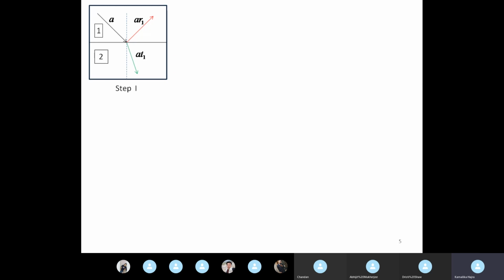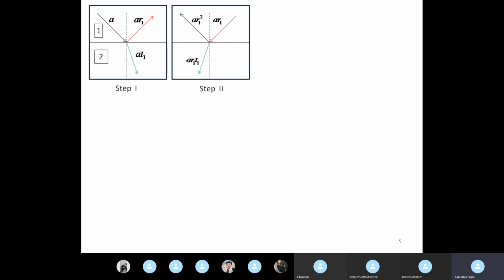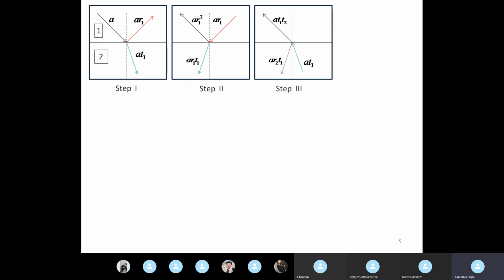Okay, so now I will draw these pictures once again. Step 1: a single ray of amplitude A is divided into reflected and transmitted rays of amplitudes AR1 and AT1. Step 2: a single ray of amplitude AR1 is divided into rays of amplitudes AR1 squared and AR1 T1. Step 3: a single ray of amplitude AT1 is divided into reflected and transmitted rays of amplitudes AT1 T2 and AR2 T1.